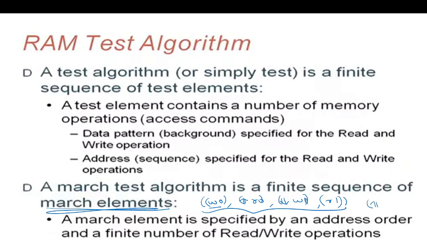I can also have read 0, write 1. This is another element. Like this, these are called March elements, and we need to specify which order of address we have to access, whether it's a read or write, and whether it is a 0 or 1. So a March element is specified by address order and a finite number of reads and writes.